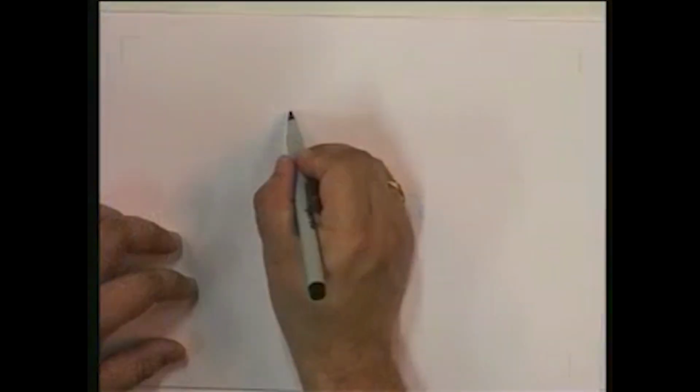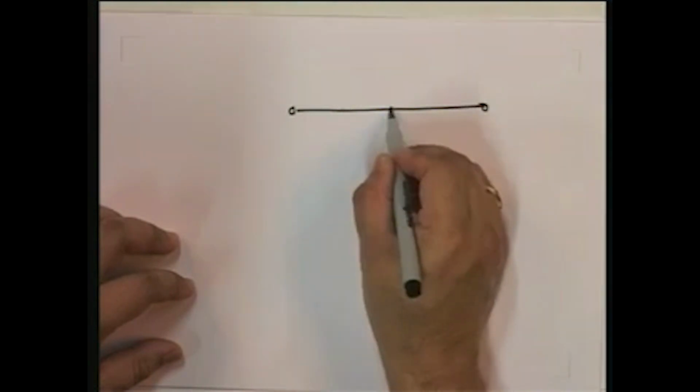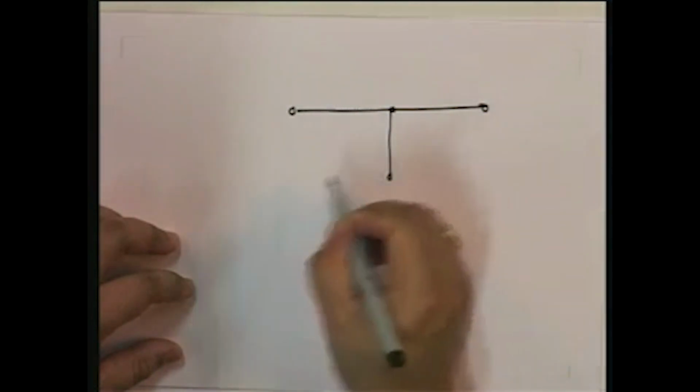Now let us first find out what the static indeterminacy of the structure is. For that, let me draw the structure again.